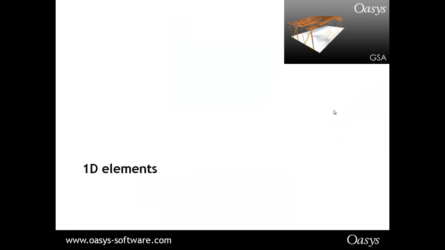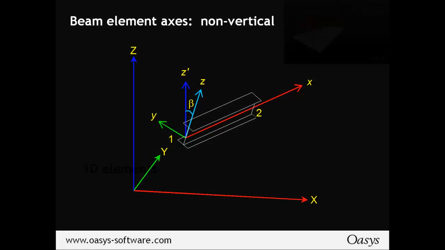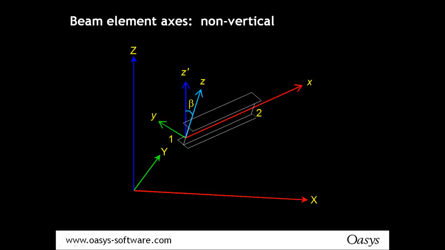So 1D elements. 1D elements are often a mainstay of many of the GSA models. These GSA 1D elements have their own axis set. The local x-axis is defined from the first node to the second node in the beam element definition. I say beam, but we have many 1D elements: beams, bars, struts, ties, springs, links.